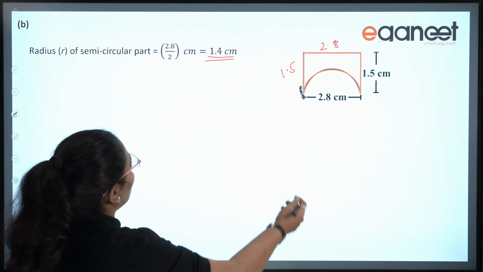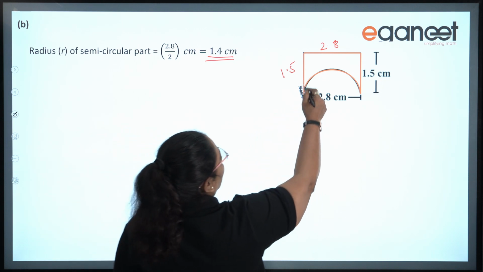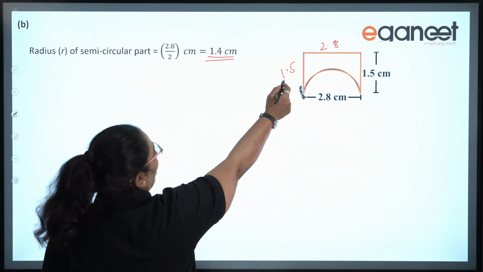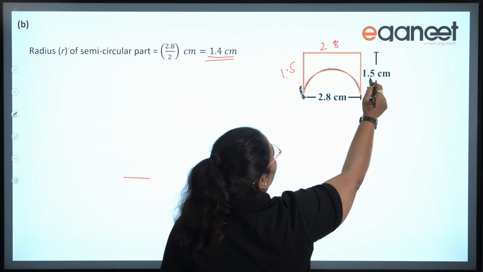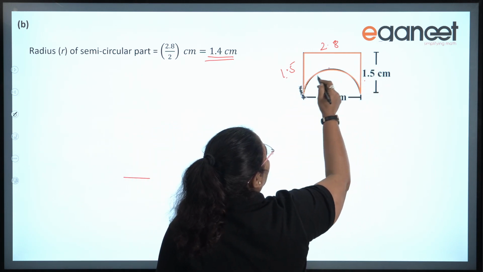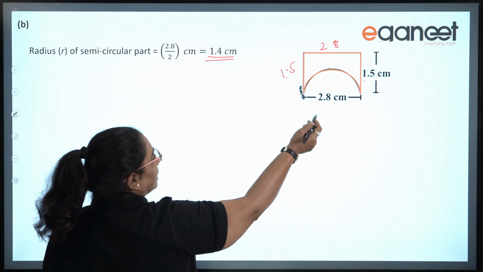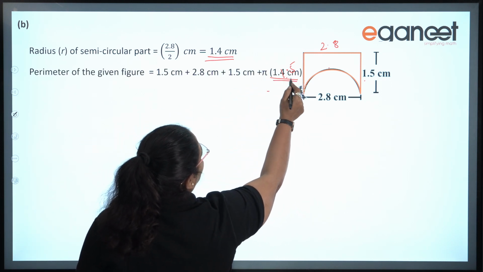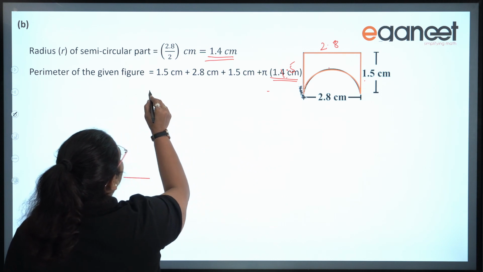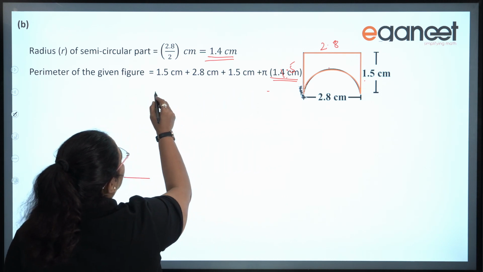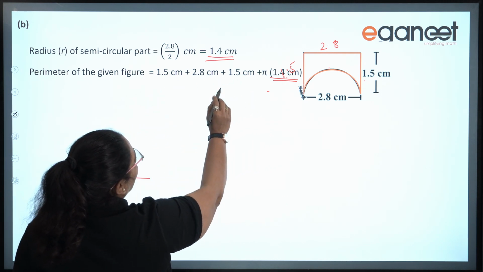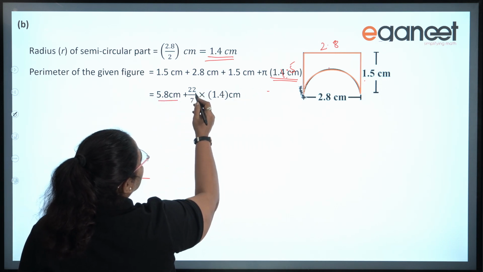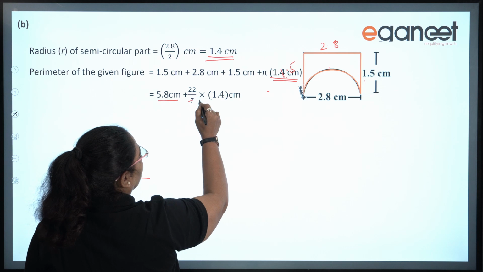Okay. So now for the perimeter of this food piece, we have to add this 1.5, 2.8, 1.5 and this semicircular region, that is pi r. Okay, pi into r, right? So we will get 5.8 plus pi r, value of pi r is 22/7 into 1.4.